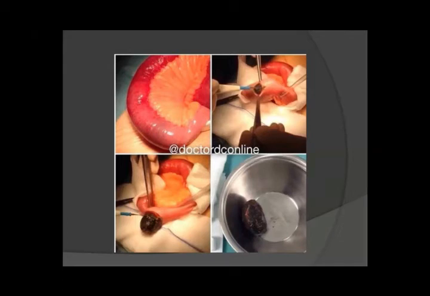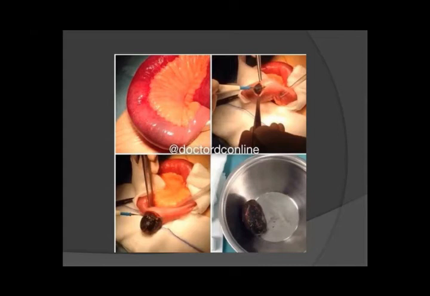Not necessarily adhered to that specific part of the bowel, but if you were to milk it, it wouldn't go that far because, looking at the size of that object, it wouldn't pass through the ileocecal valve. Anyways, moving on to the top right of the picture, you see they've made a small incision with a cautery on the small bowel, and then it seemed to be milking that object out.